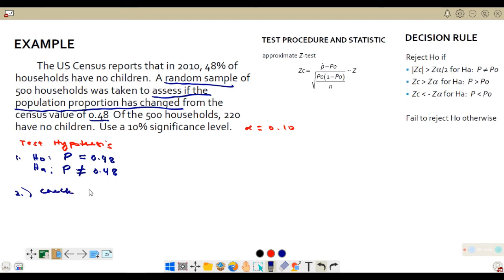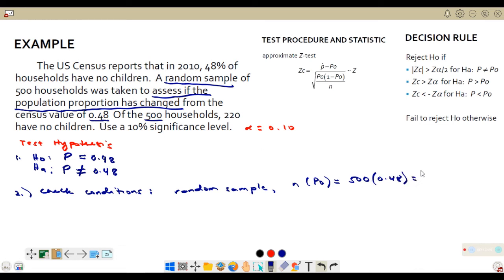Okay, pwede tayong mag-z-test kung yung first na assumption lang yung magiging basis natin. Second na assumption, check conditions. So, random sample siya, and n times p sub 0 is equal to how many households? 500. 500 times 48% or 0.48.